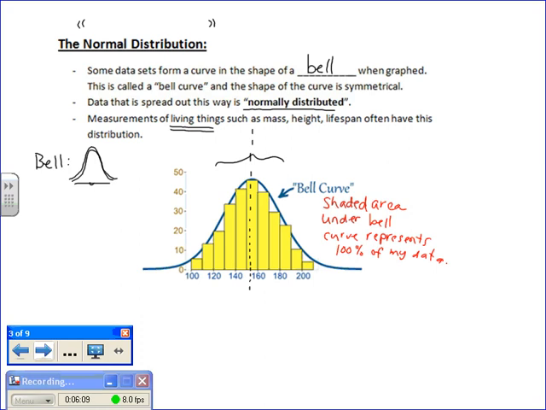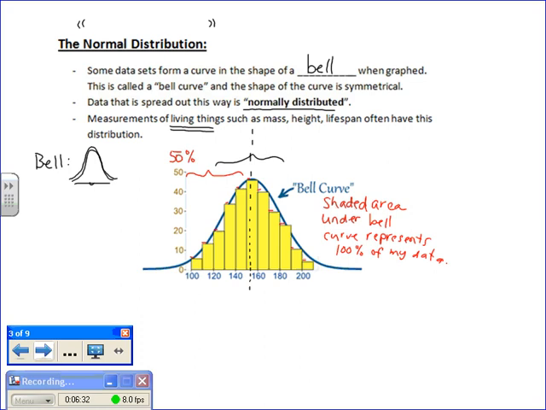If I were to add up all of those frequencies, they should give me the total number of data values that I had in my data set. So all of my data is accounted for here, which means that if this is symmetrical, 50% of my data lies to the left of the center of this curve.